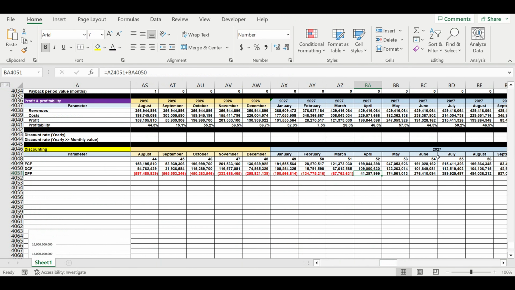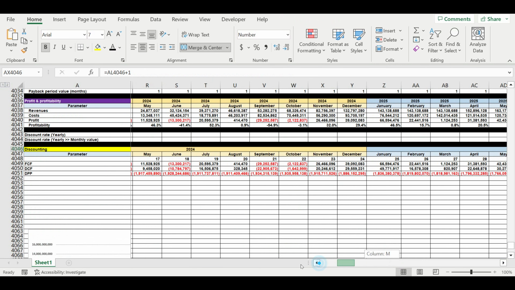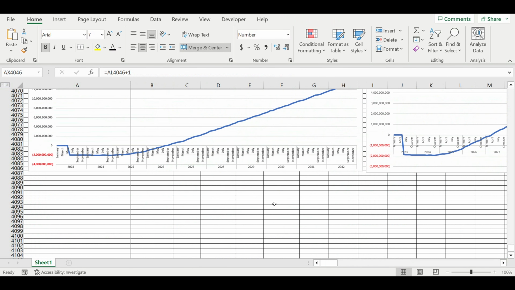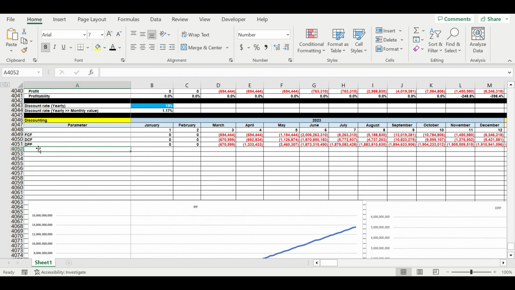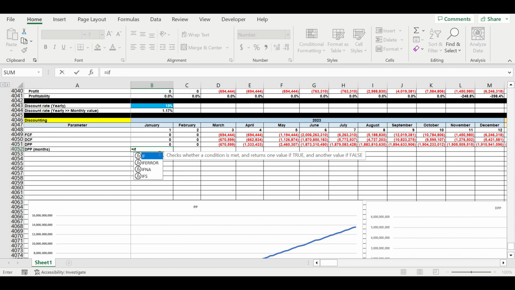And now we can calculate the discounted payback period months, the duration of the discounted payback period. So this will be a very simple formula. If this value is less than 0, we will put 1, otherwise 0.